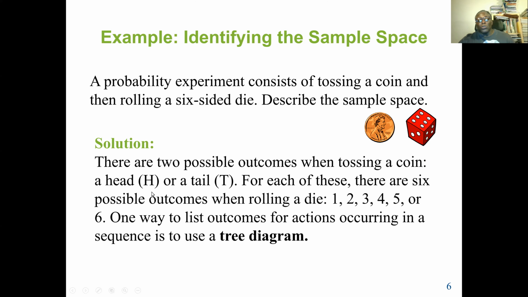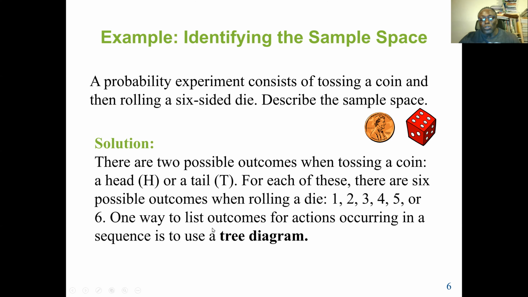So let's see the solution. There are 2 possible outcomes when you toss a coin: you either get head or tail. And for each of these, there are 6 possible outcomes when you roll a die: you get side 1, 2, 3, 4, 5, or 6. Now, one way to list the outcomes for actions occurring in a sequence is to use a tree diagram.